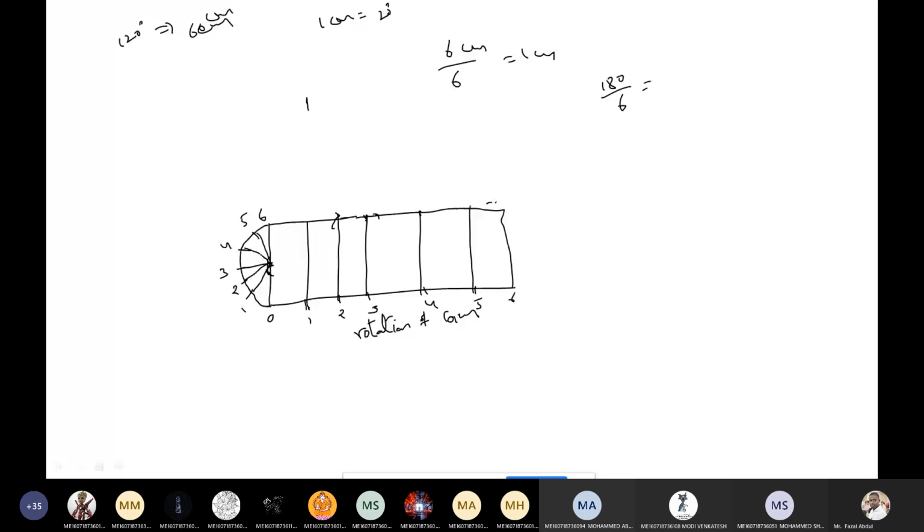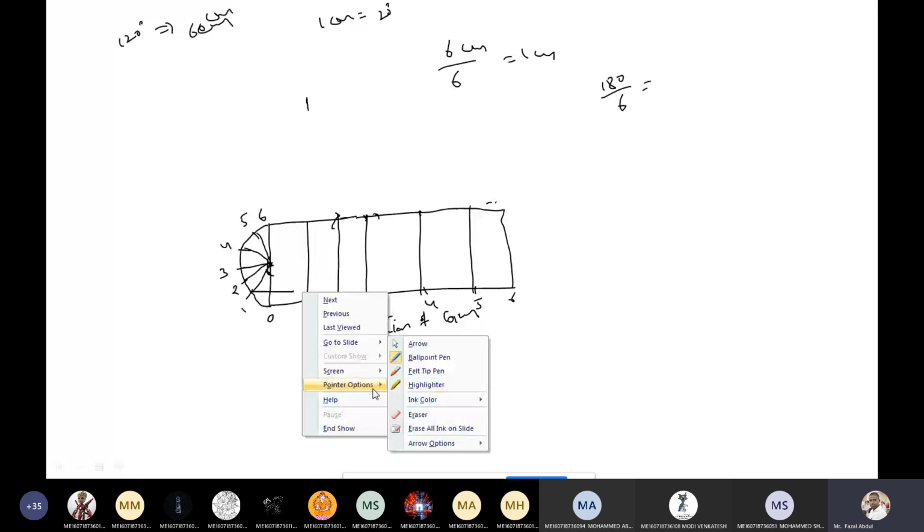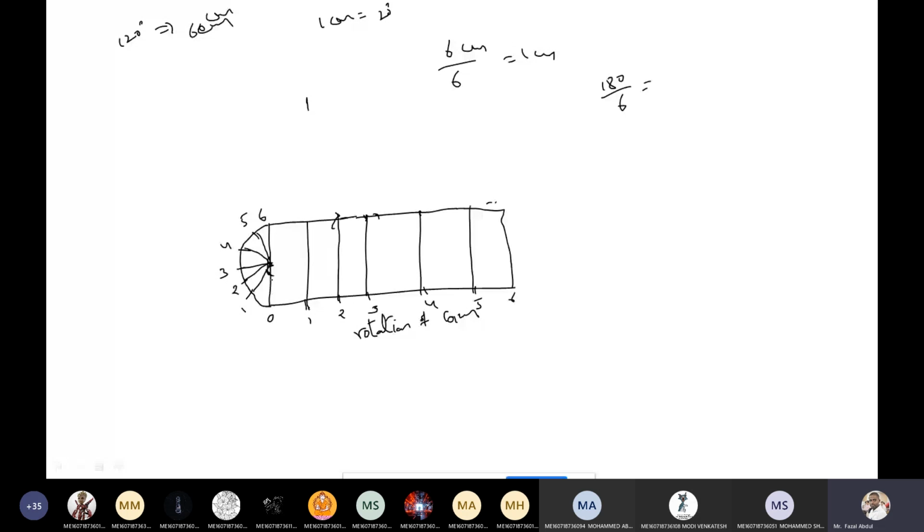See here. I'm drawing freehand. Draw one horizontal line like this.